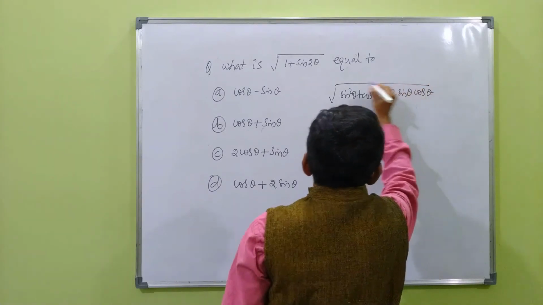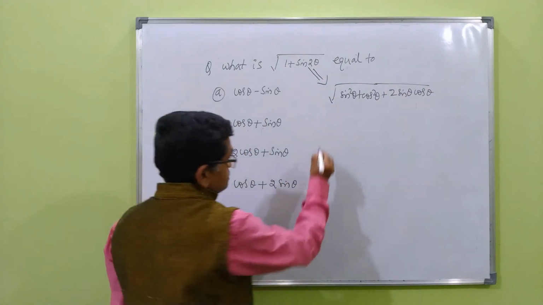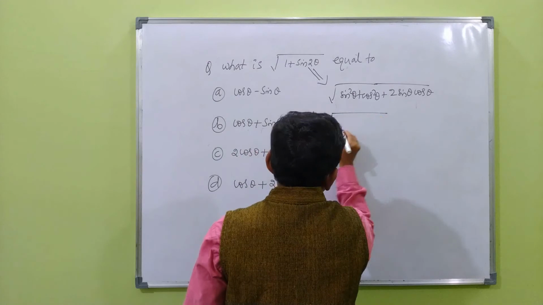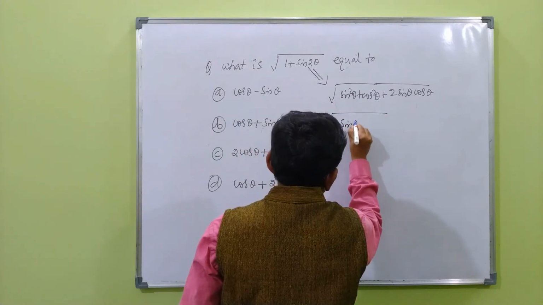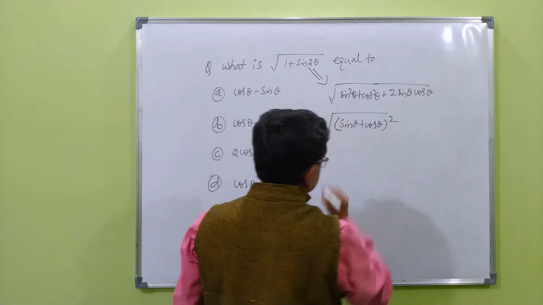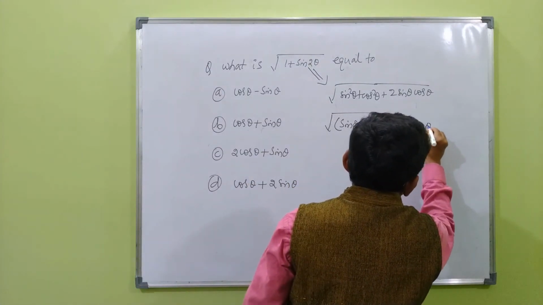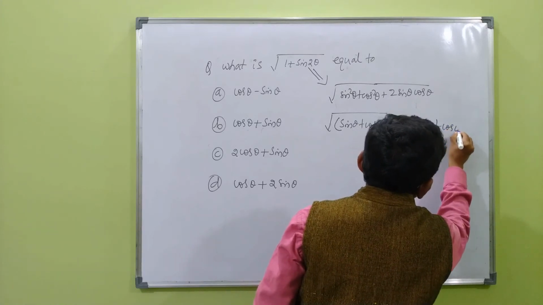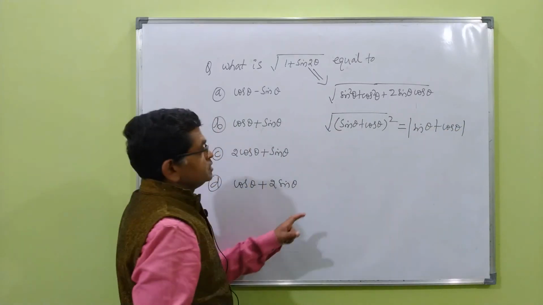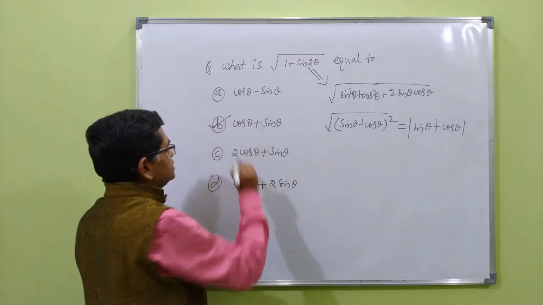So this reduces to this form, or this is nothing but the root of (sinθ + cosθ) whole squared, or this is sinθ + cosθ. If you consider the positive value, then B will be the answer.